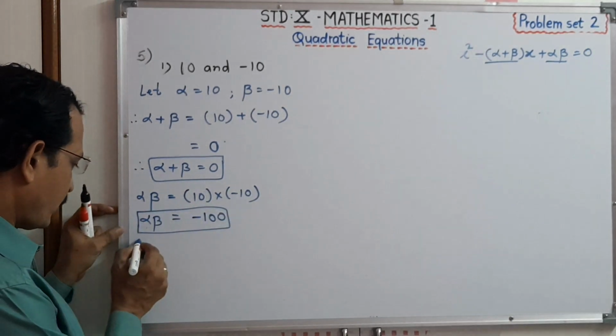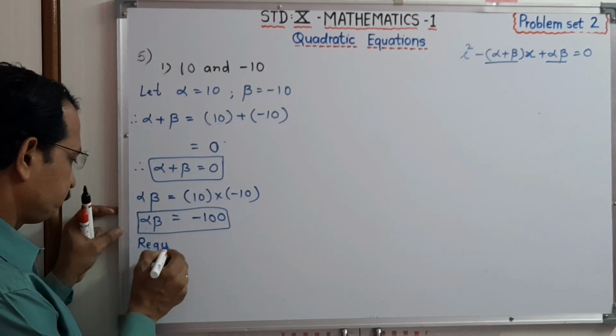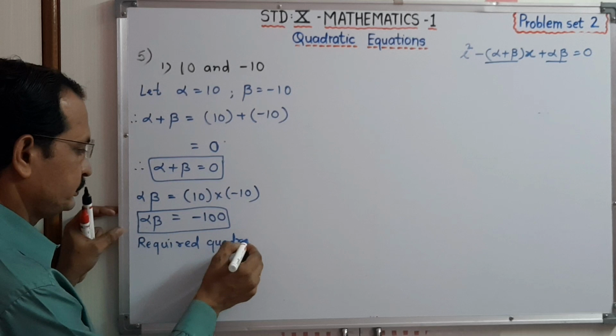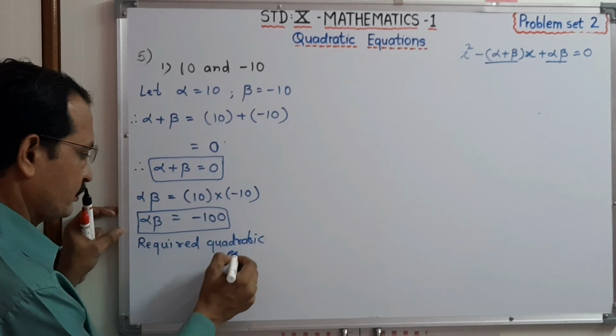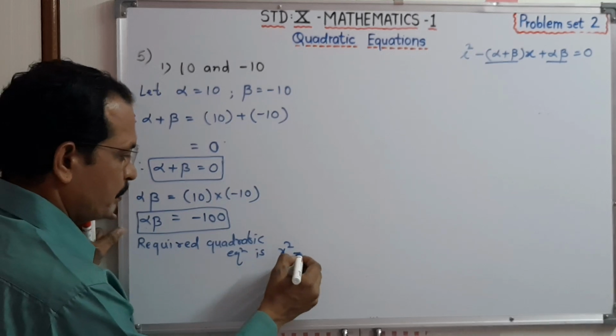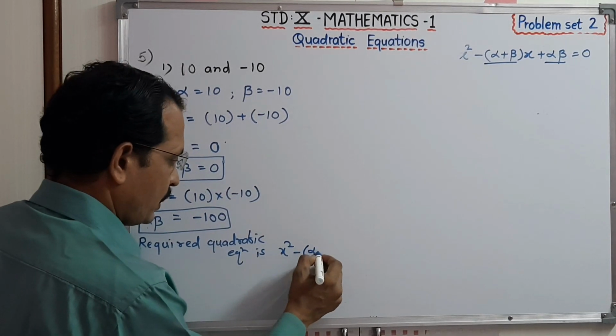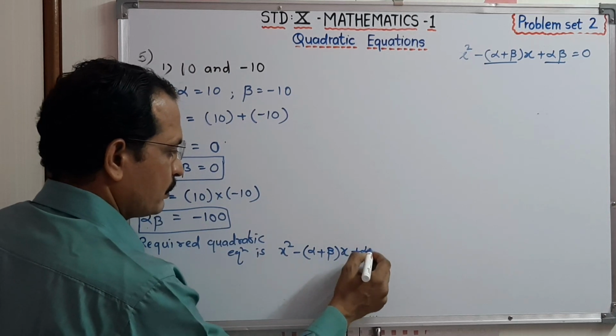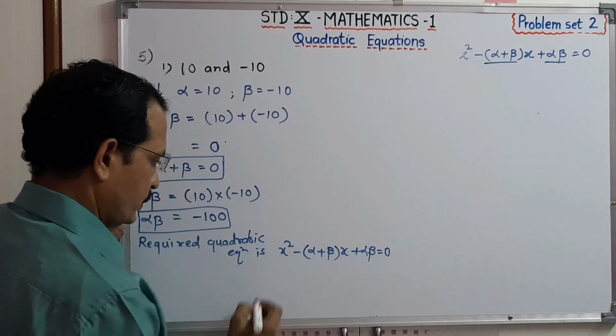Now, we have to write the required quadratic equation, which is x square minus alpha plus beta into x plus alpha beta is equal to 0.